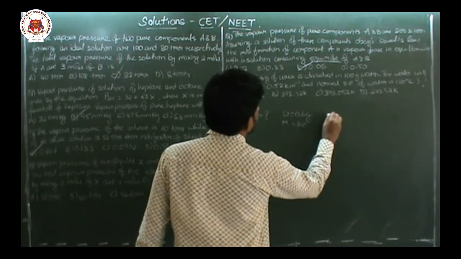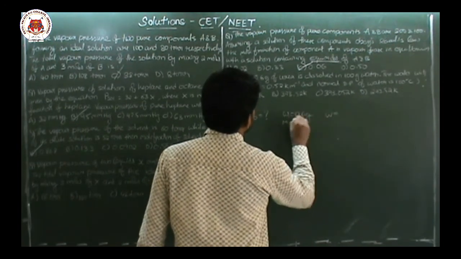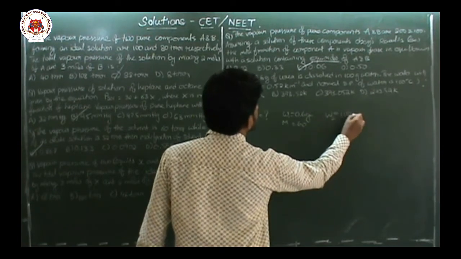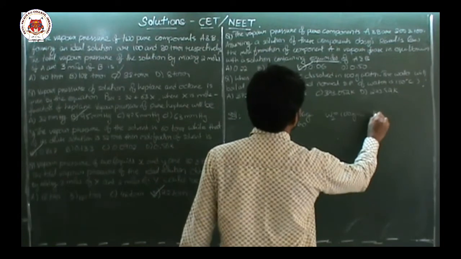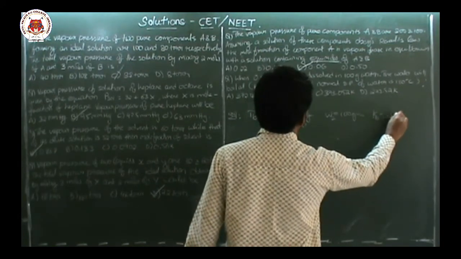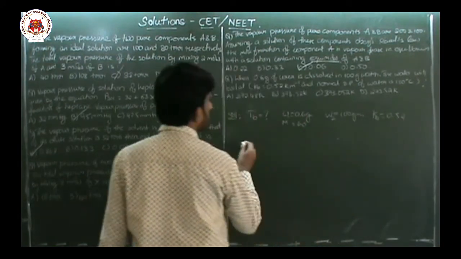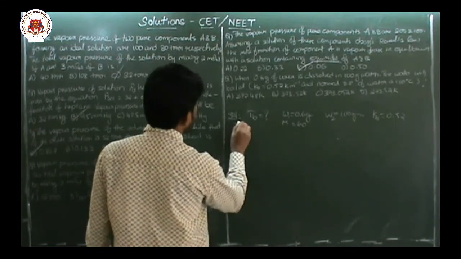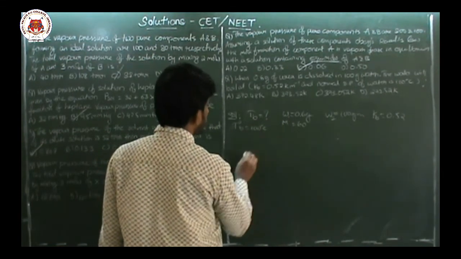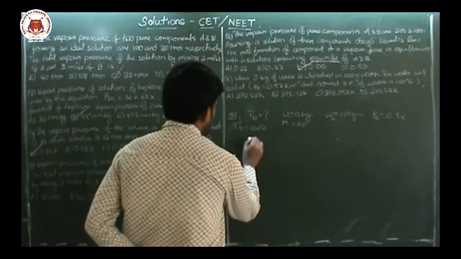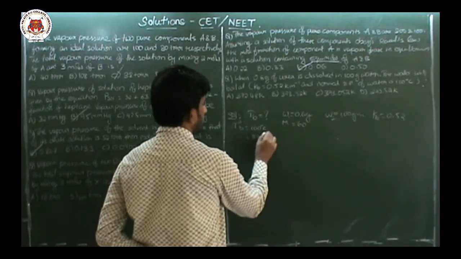Weight of the water is given as 100 grams. Then Kb, the boiling point elevation constant, is also given as 0.52. T0b is given as 100 degrees centigrade, means 373 kelvins.